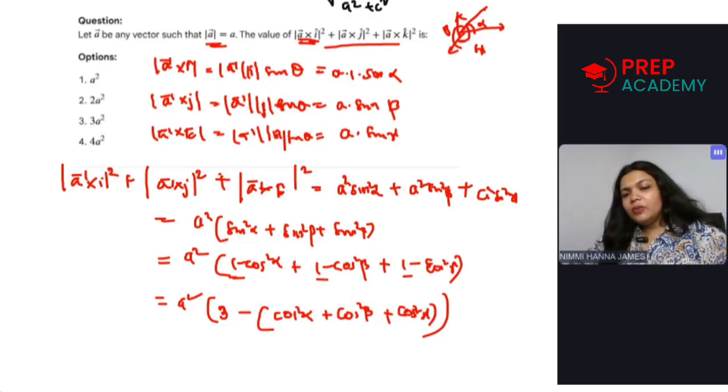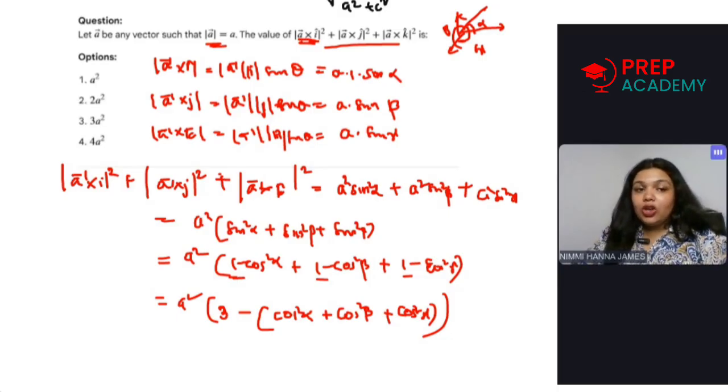Now what is cos squared alpha plus cos squared beta plus cos squared gamma? They are the direction cosines, isn't it? Direction cosines that we have discussed in the three-dimensional geometry chapter. Here also it is important. The vector and three-dimensional geometry chapters are connected. So for direction cosines, cos squared alpha plus cos squared beta plus cos squared gamma is equal to 1.